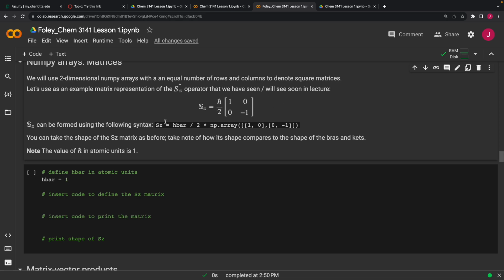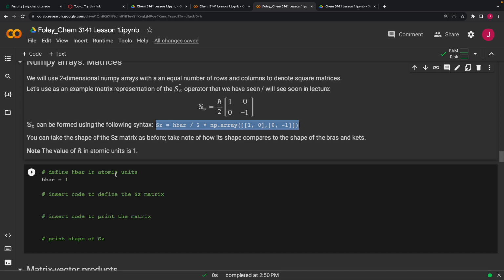We can define that matrix in NumPy in the following way: h bar over 2 times NumPy array, this stuff. We need to give a value to h bar. Python doesn't know what h bar is. I'm going to use a unit system called atomic units, and in that unit system the value of h bar is actually 1.